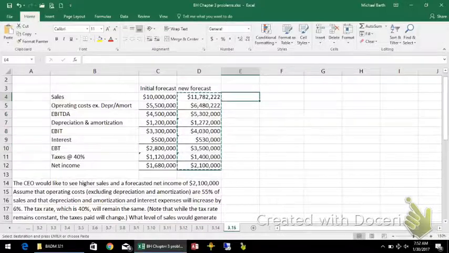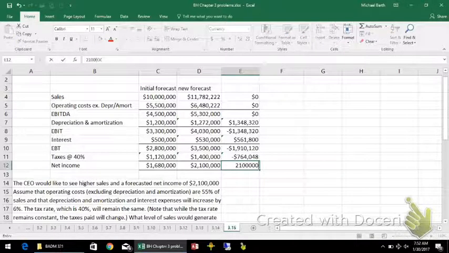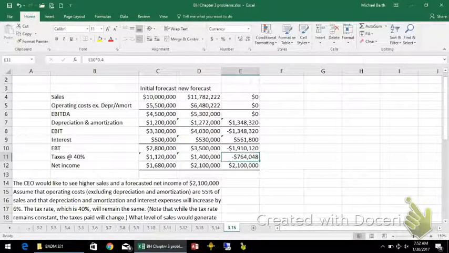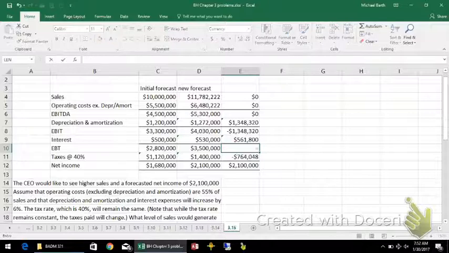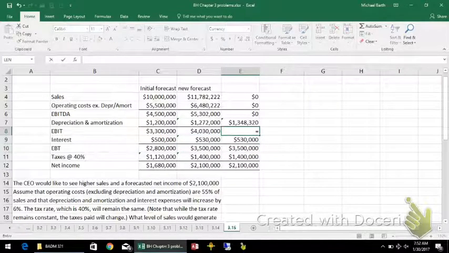Another way of doing this is I start here at 2,100,000. If the tax rate's 40%, then divide by 1 minus the tax rate to get to there. I knew that this number is 530,000, so add that back, and this is the way we were doing a bunch of the other problems.